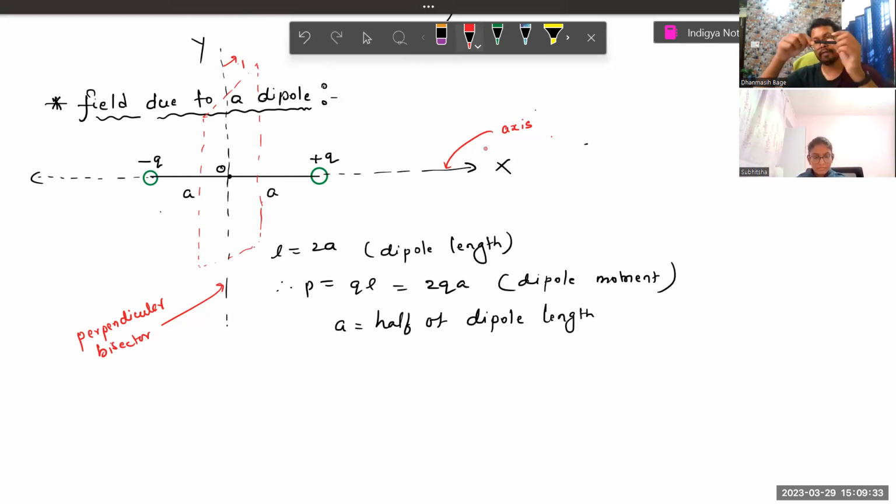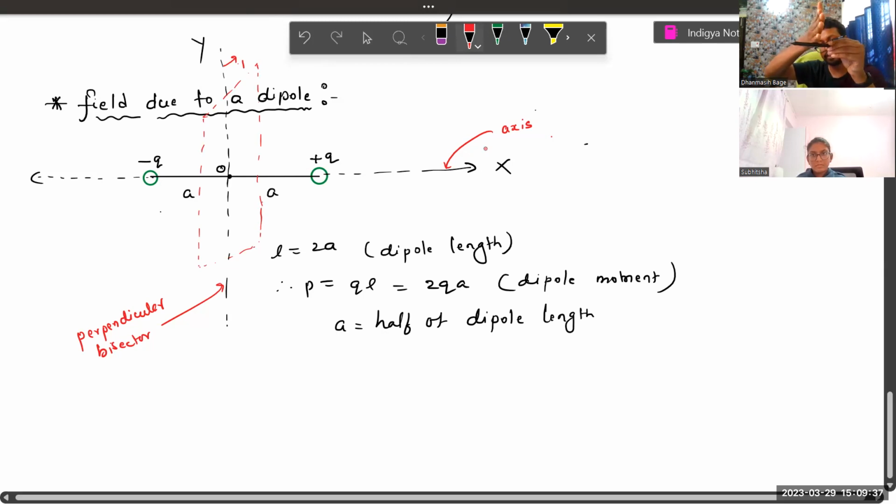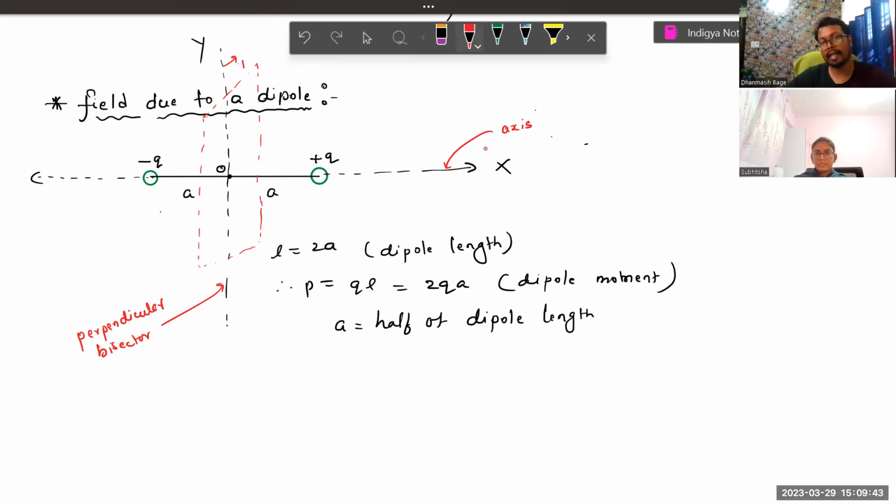Something like this. In this plane, any point is equidistant from these two charges. If this distance is r, this will also be r.